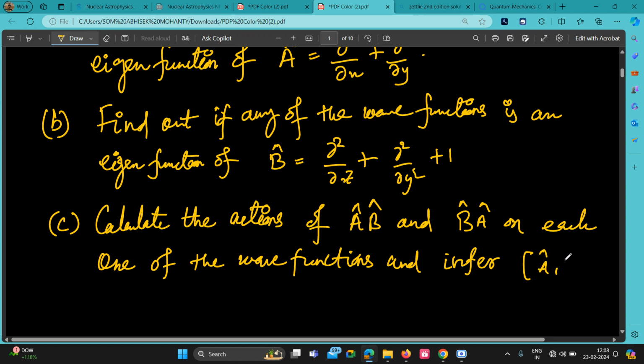This is the question. Okay. You are given two operators A and B, you are given some wave functions, you have to calculate one by one. Okay.